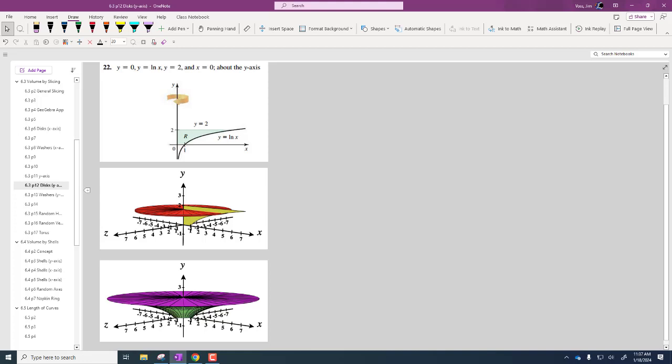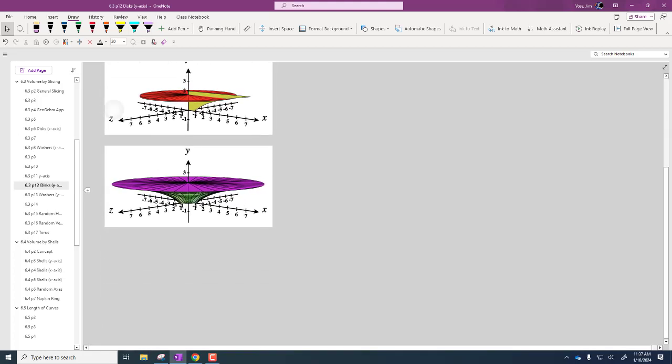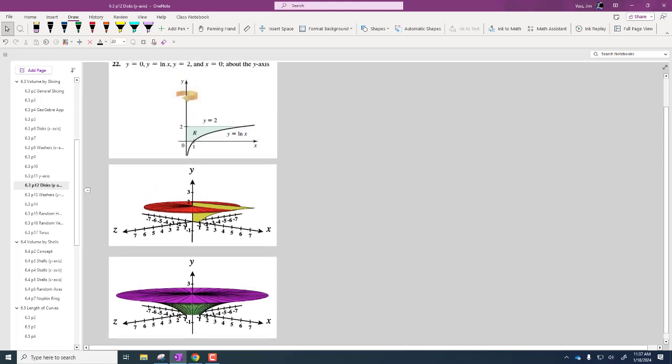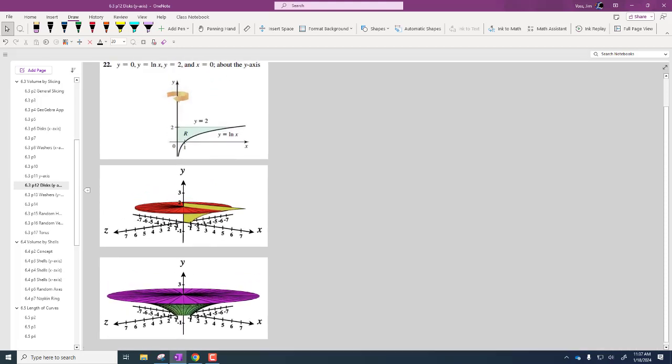So here we have the natural log function capped off with y equals 2, and then we're going to stop at the x-axis. So we're going to take that region right there, rotate it around the y-axis, and we're going to create this crazy looking solid down there. There's our generating shape. There's one sample.